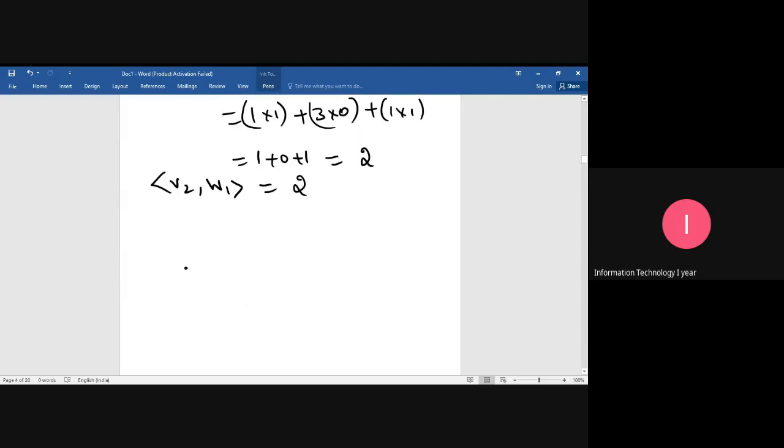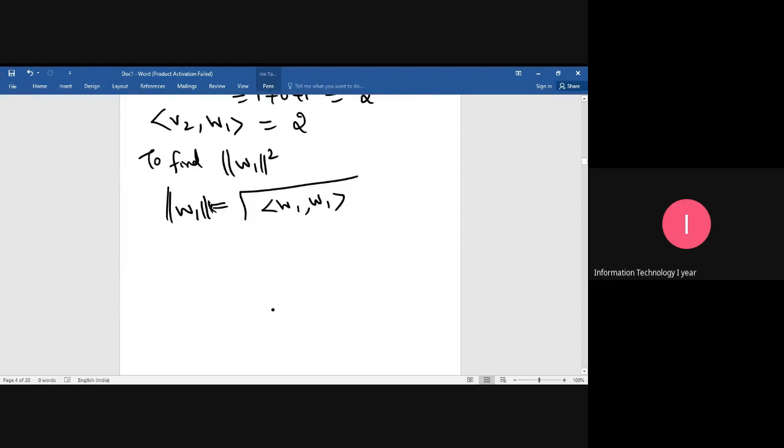So now to find norm W1 square. Norm W1 is the square root of inner product of W1 comma W1. This is the norm W1 formula. We need norm W1 square, so you can remove the square root.